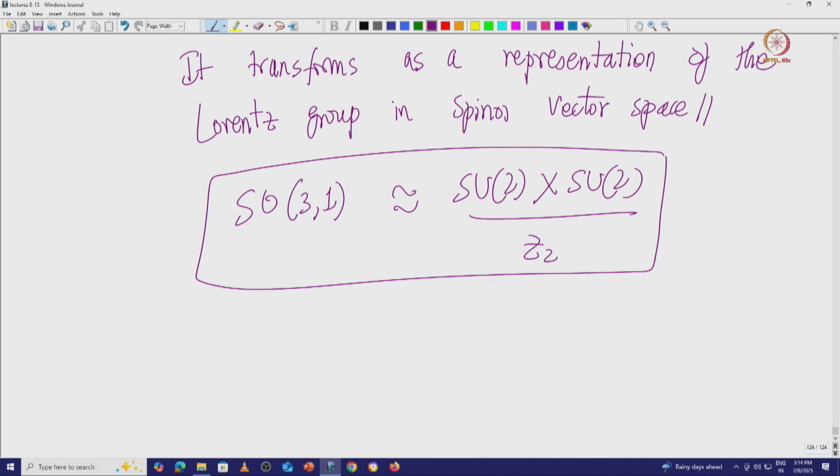SU(2) is a spinor space, which we know is a complex vector space, and it has spinor representations; the fundamental is a spinor representation. The other SU(2) is another spinor representation. These two combined with Z2, which is nothing but parity in this case, form a Dirac representation.